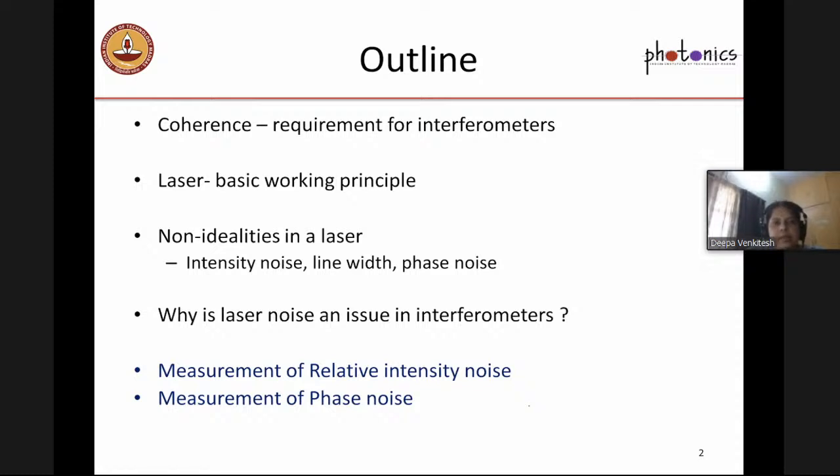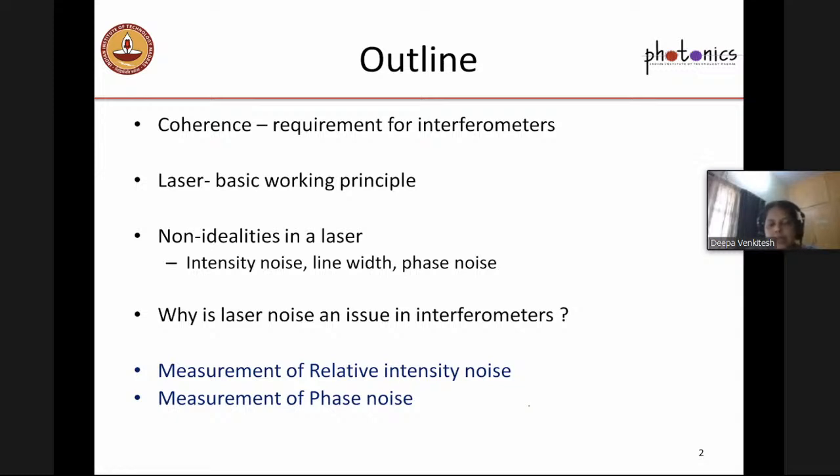I'll give you a very basic working principle of the laser. Then we will talk about the non-idealities of the laser, which are intensity noise, line width, and phase noise. Then we will spend some time on why the laser noise becomes an issue in an interferometer, especially in a LIGO interferometer. And we will also spend some time on the measurement of intensity noise and phase noise.